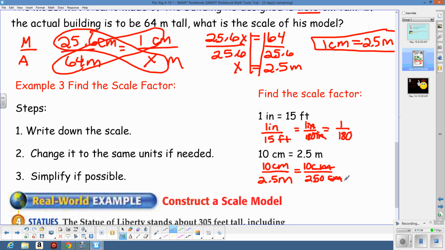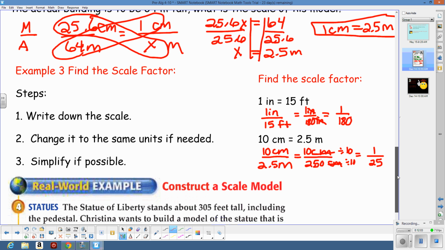It's simplified by dividing both the numerator and denominator by 10. 10 divided by 10 is 1, and 250 divided by 10, you move the decimal 1 place to the left, so it's 25. The scale factor is 1/25. That means the model is 1/25 the size of the original.